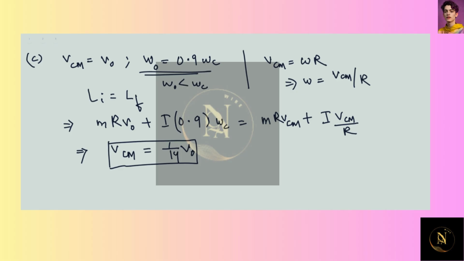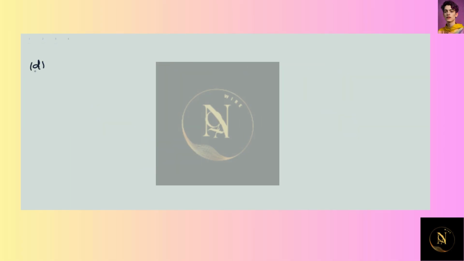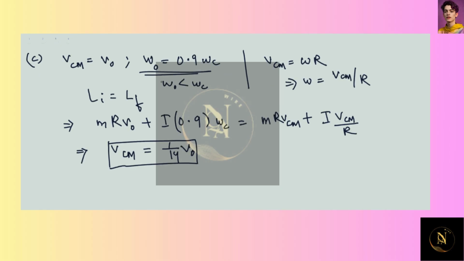Now for the last part, again the angular momentum is conserved, so we write this relation. For the initial motion, we have velocity of center of mass equal to v naught, and omega naught is now greater by a factor of 1.1, contradictory to the case in part C where omega naught is less than omega c.